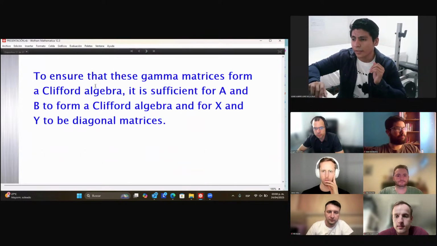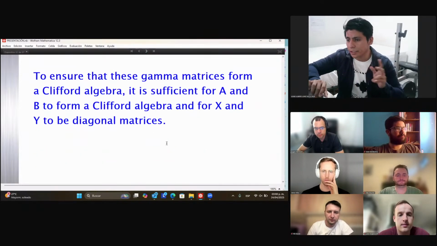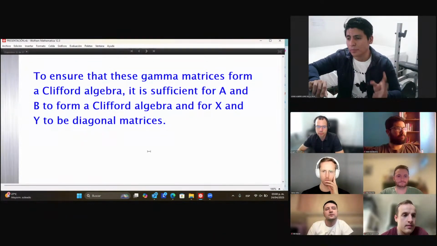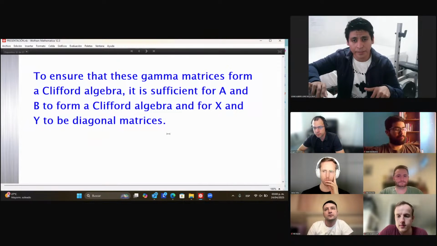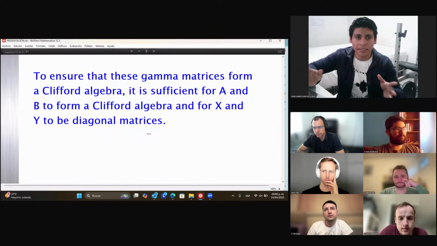To ensure that these gamma matrices form a Clifford algebra, it is sufficient for A and B to form a Clifford algebra in 2 dimensions, and for X and Y to be diagonal matrices. Well, it's great.